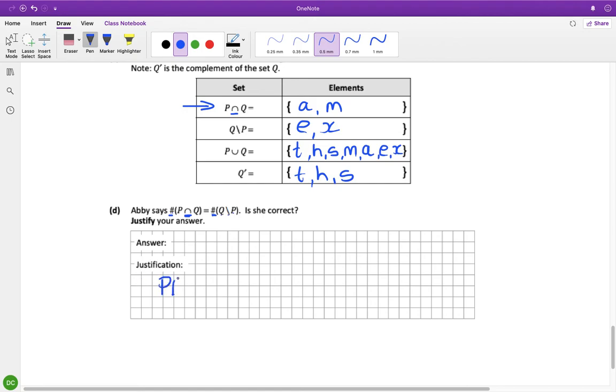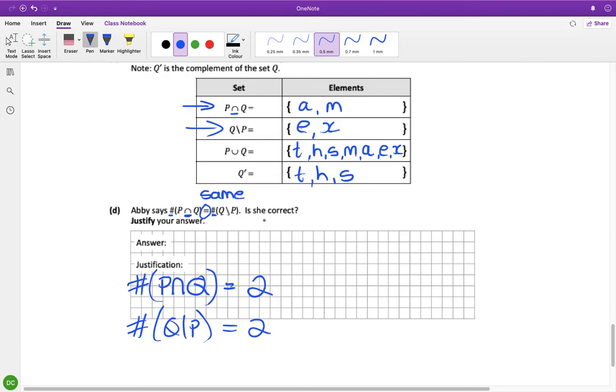So down here, I'm going to write the cardinal number of the intersection is 2, because it was A and M. Now the other side is the cardinal number of Q less P, which we also did. There it is there, and there's 1, 2 in it. So Abby says that they are equal, which means they're the same. Is she correct? Yes, she is. They both have 2 elements.